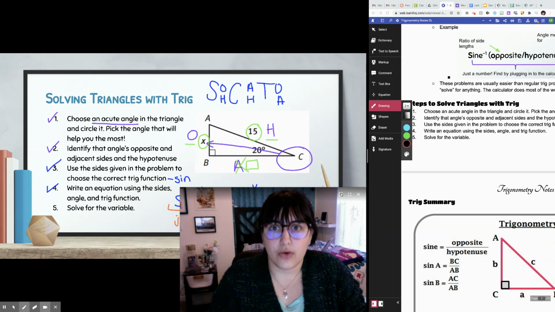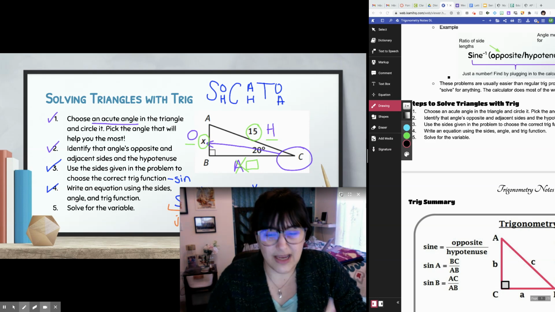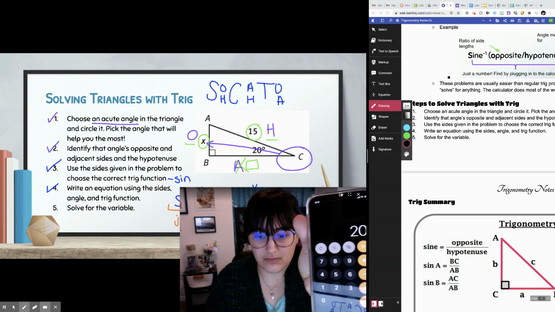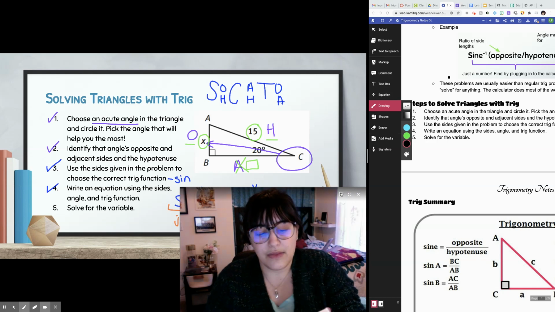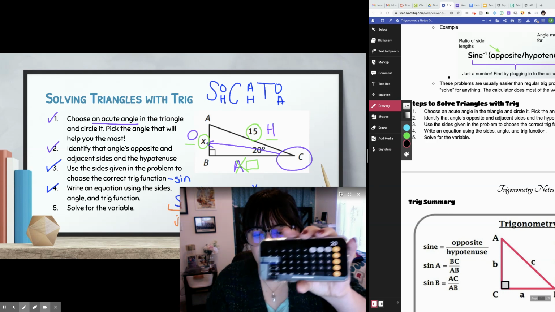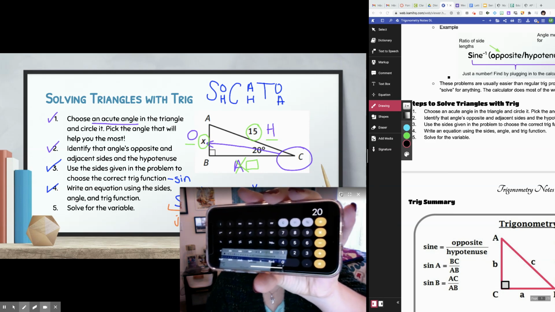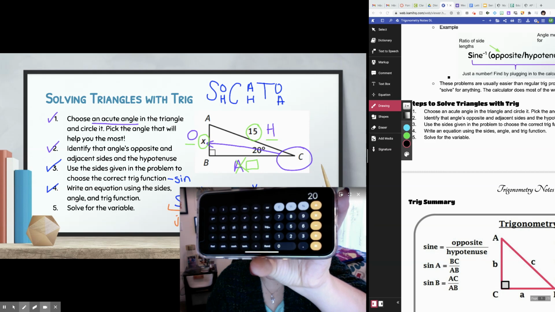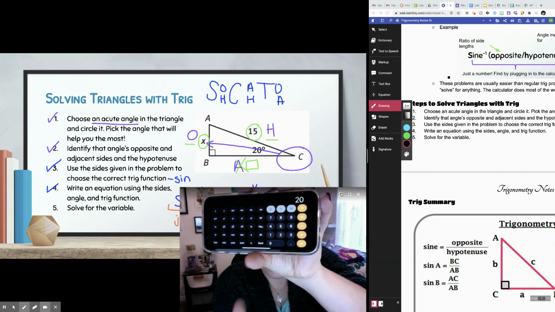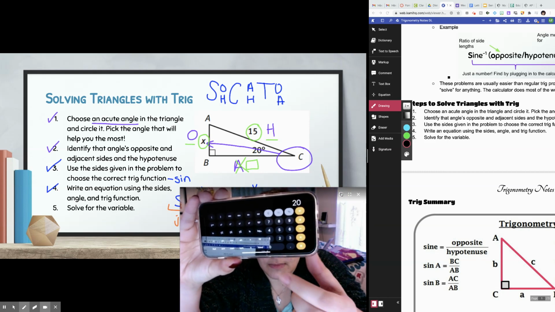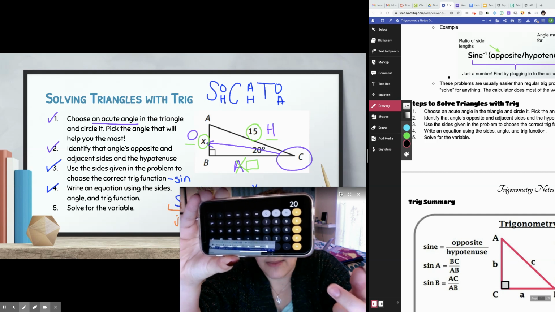On your calculator, at least on mine, I have to type the angle in first, like so, and then I have to click the correct trig button. For this problem, I'm going to pick the sine button. Sorry, guys, I'm doing this backwards.